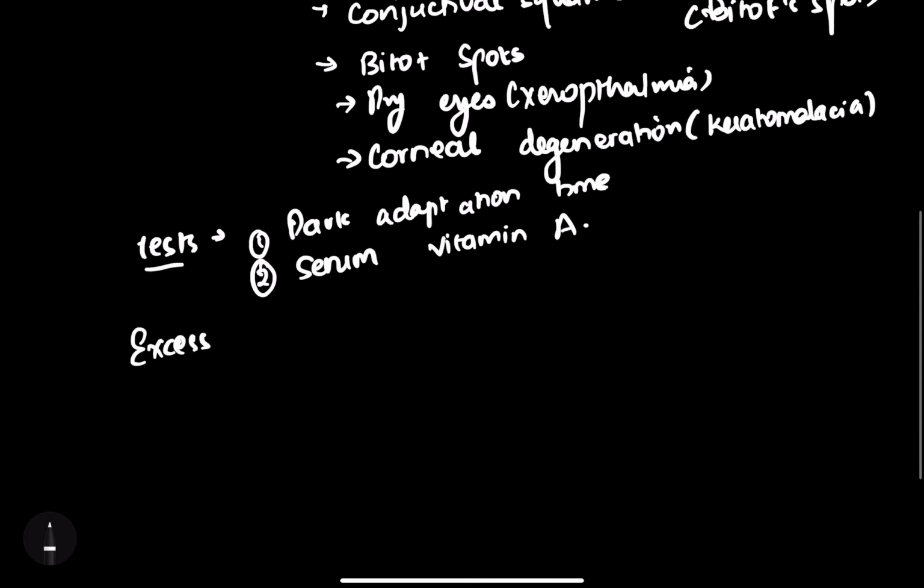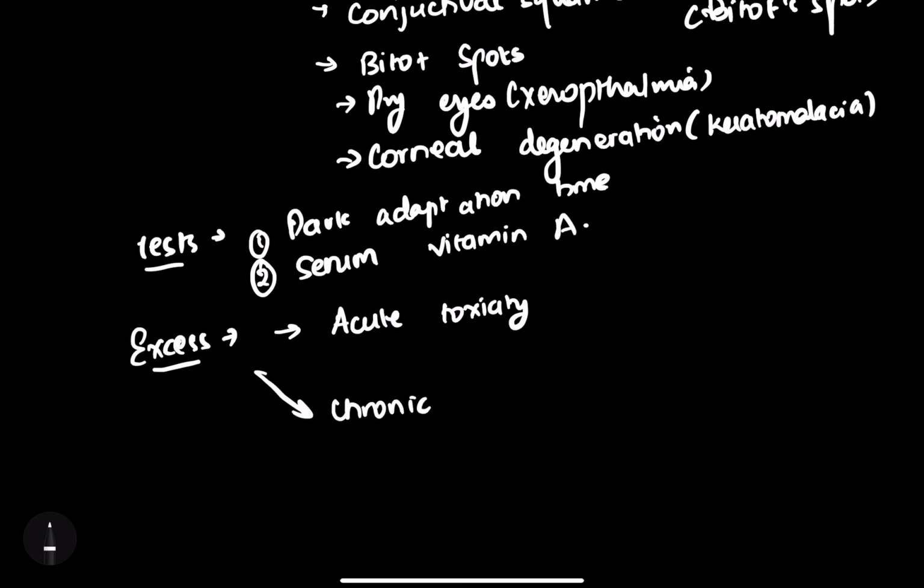Now what happens if there is excess of vitamin A? The symptoms of excess vitamin A can be divided into acute toxicity and chronic toxicity.